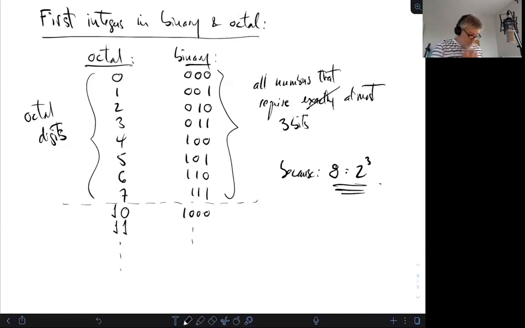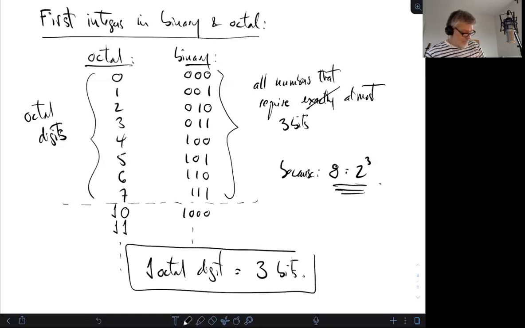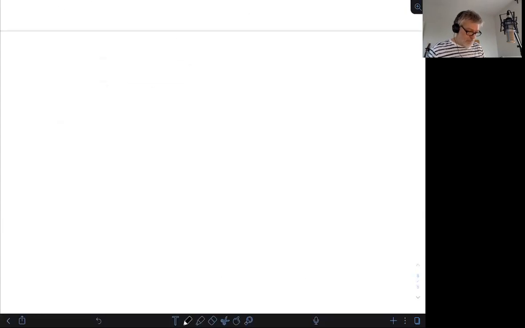So the moral of the story: 1 octal digit is equal to 3 bits, okay? So what does it mean for conversions between octal and binary? It means it's super easy, okay? Because 8 is a power of 2, 10 is not. That's why it doesn't work very well from base 10 to base 2.